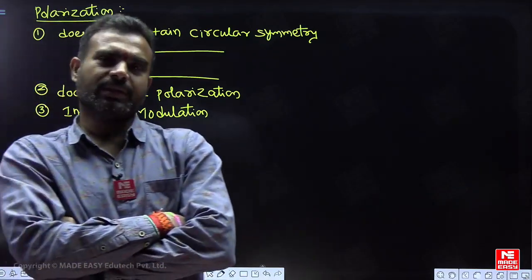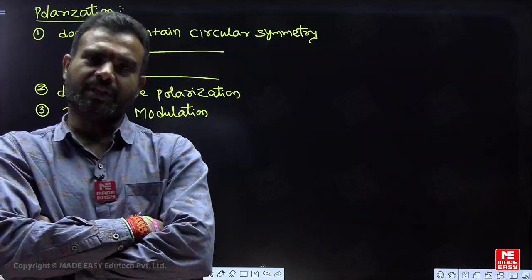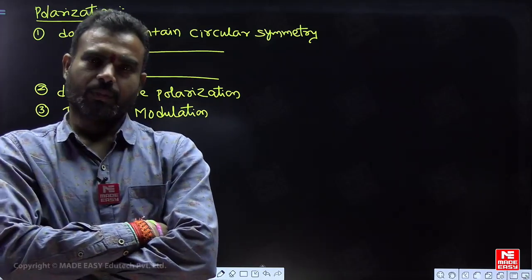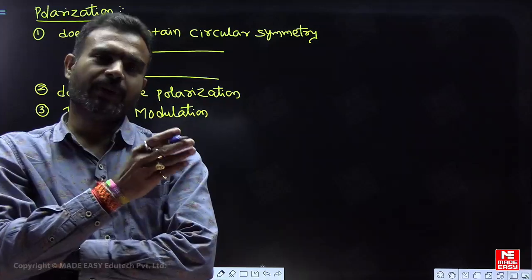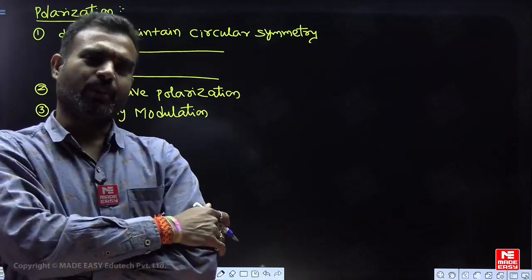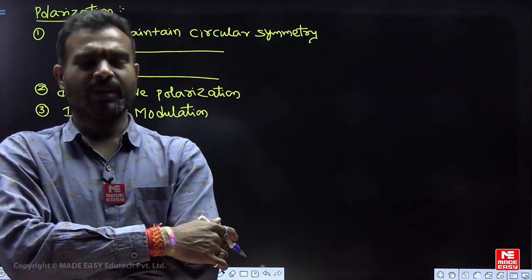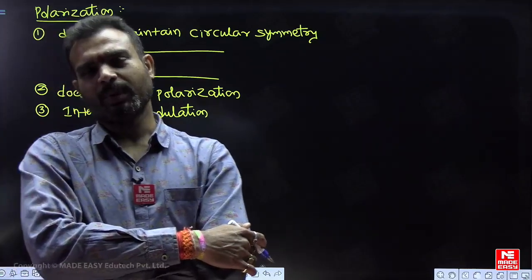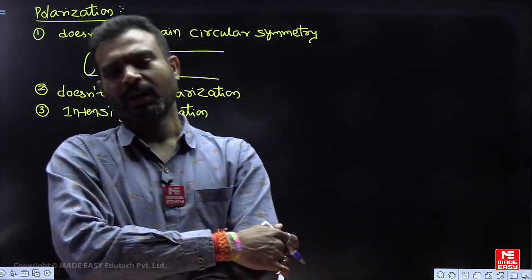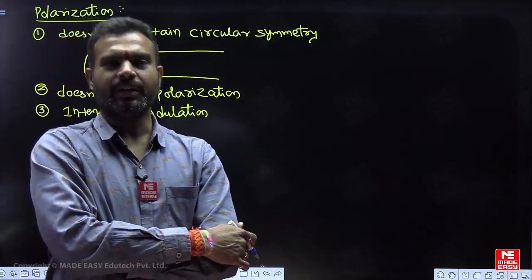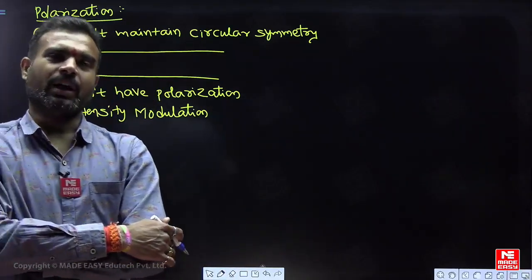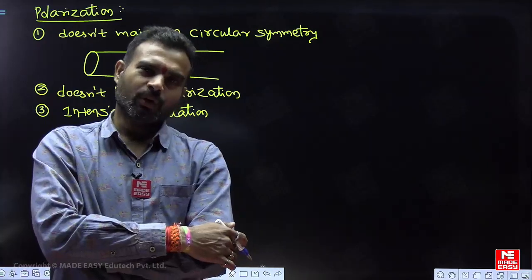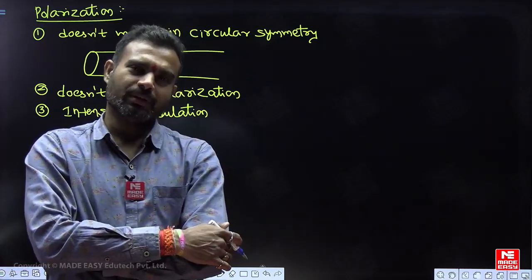This is what happens with polarization in your optical communication system. If the fiber maintains the symmetry, this much discussion is not required, because the same symmetry is maintained by the fiber manufacturing companies. Without that symmetry, the polarization is not maintained.